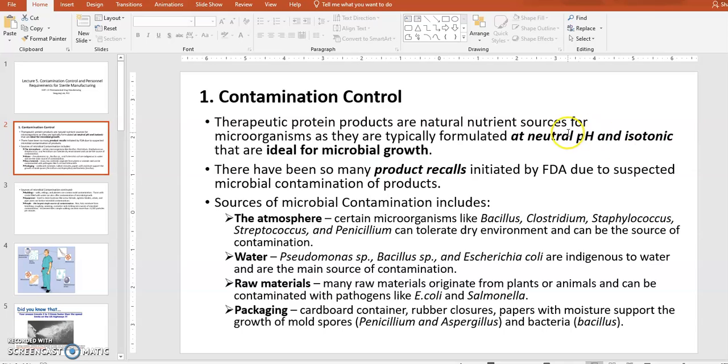That's naturally perfect conditions for microbes to grow. So things can grow in there. If things are growing and they're injected, of course that's not good, right? So you should not have any contamination of your product with microbes.